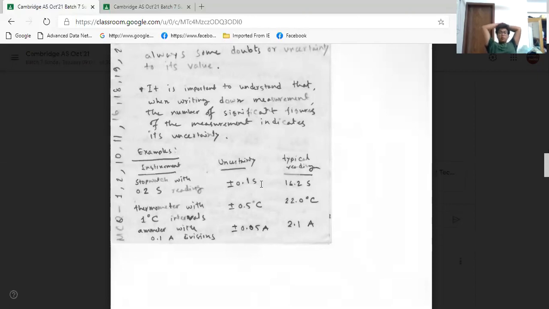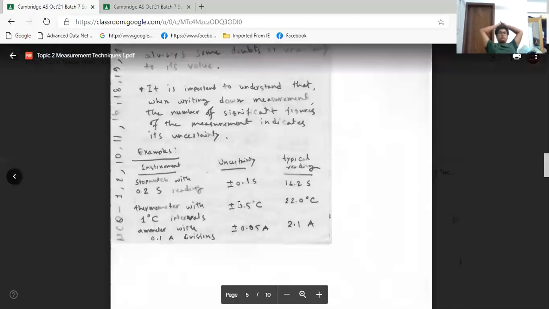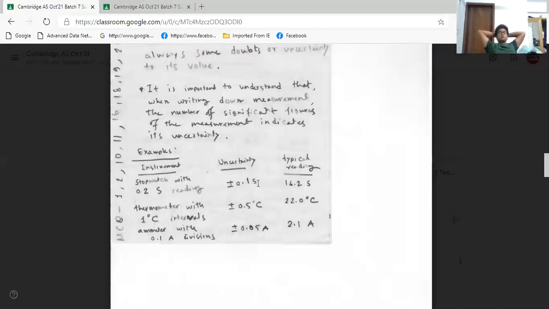So we can do the average. Then you are taking the average, then it's coming 2.3, right? Yes, sir. So for your average, your uncertainty will not be 0.1, it will be 0.05. That one is done here.